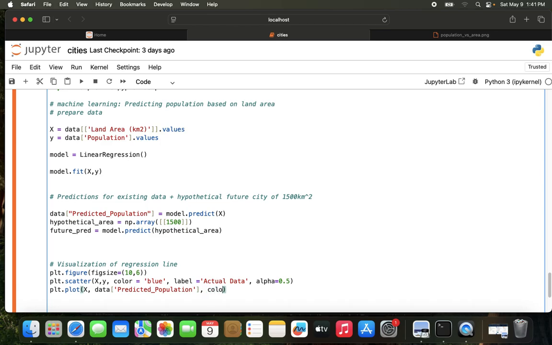We can do color equals red, and then line width, let's set that to 2, and then for the label, let's set that to regression line.